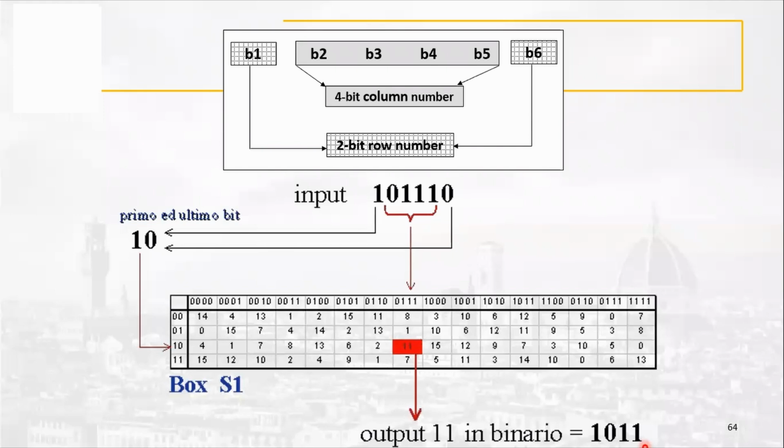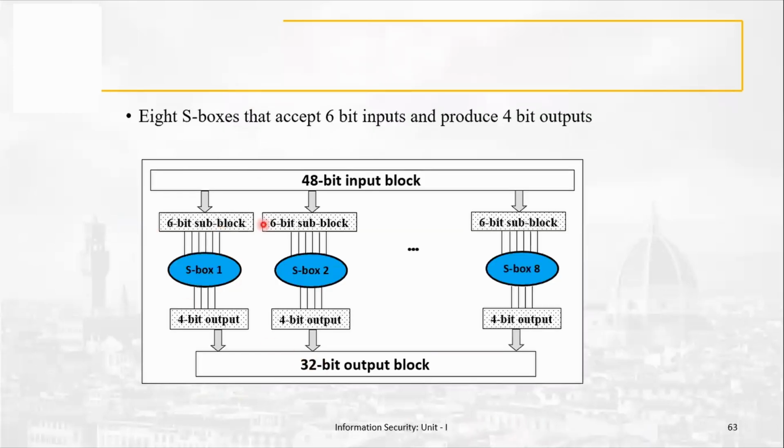The job of this step is to reduce the 48-bit data into 32-bit data. For that, you have to divide this 48-bit data into eight groups of 6 bits each. So there are 8 inputs for 8 S boxes, 6 bits input for each S box. Each S box will produce a 4-bit output.